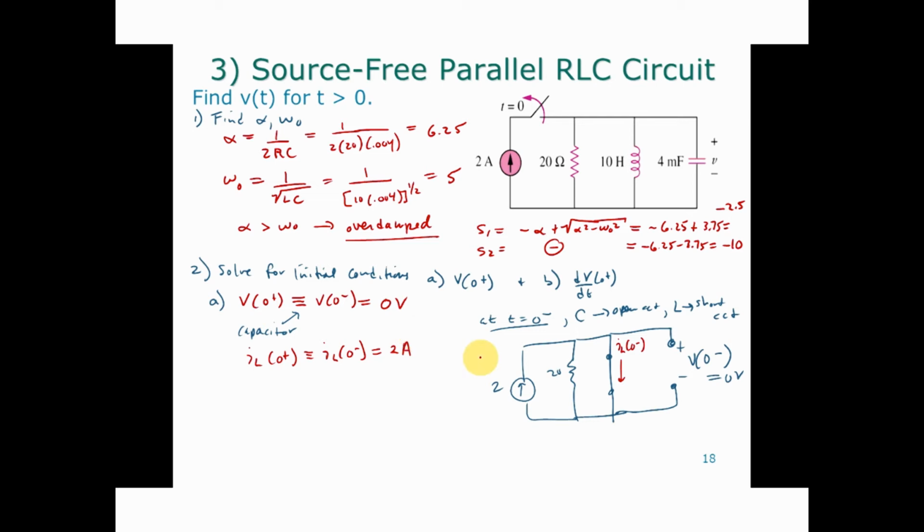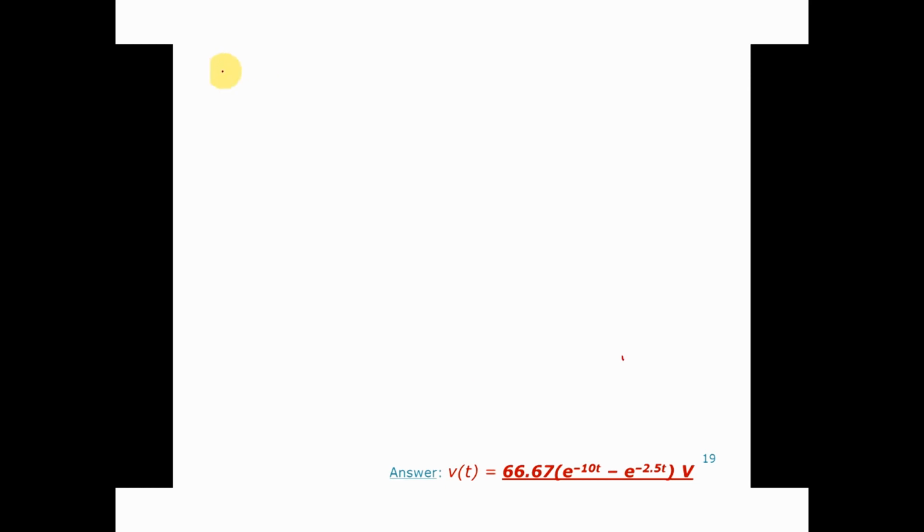Okay, that part's usually pretty easy, but we also now have to find dV dt of 0 plus. So for B, we have to find dV dt of 0 plus.